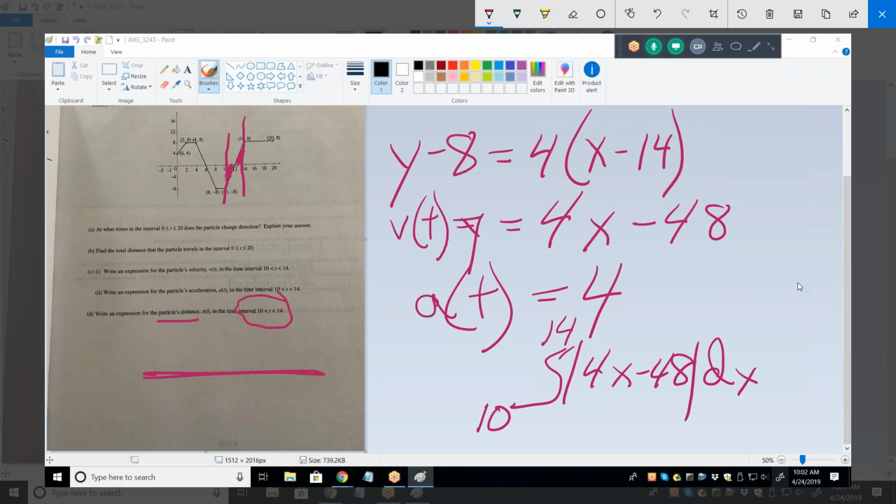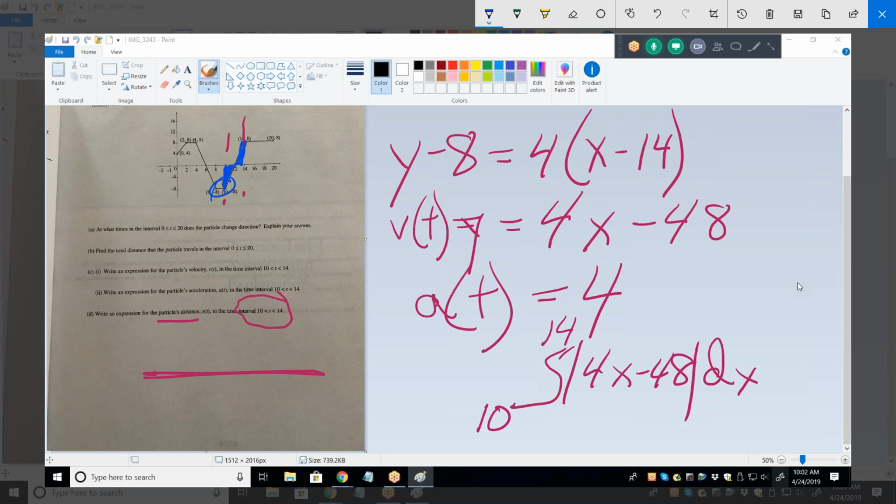If you don't use the absolute value, this part here is negative distance, whereas this part here is positive distance. They look about the same size, so the particle is going to end up at the same spot it started at, right there.